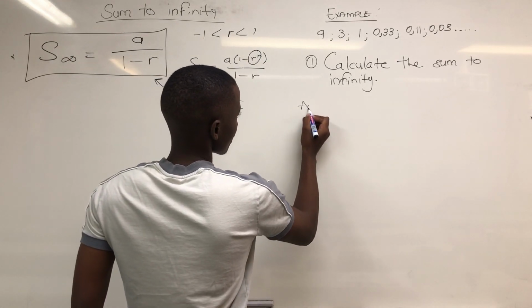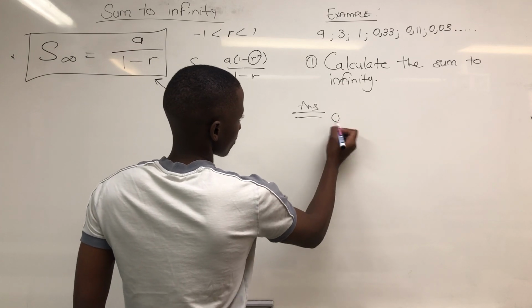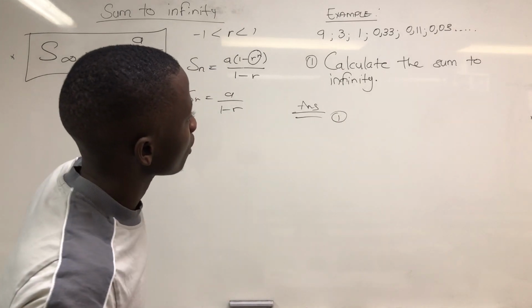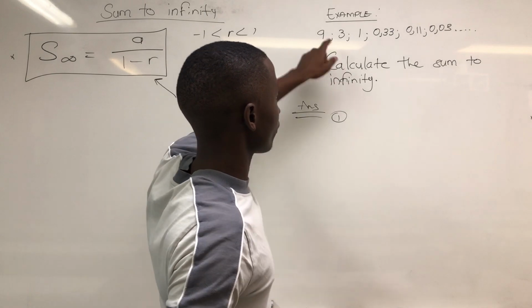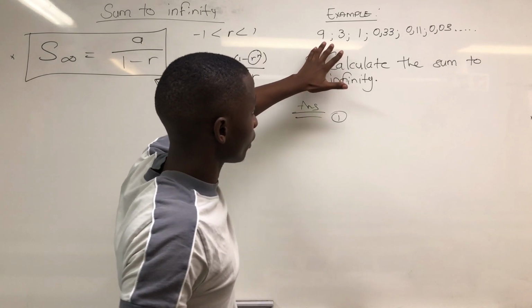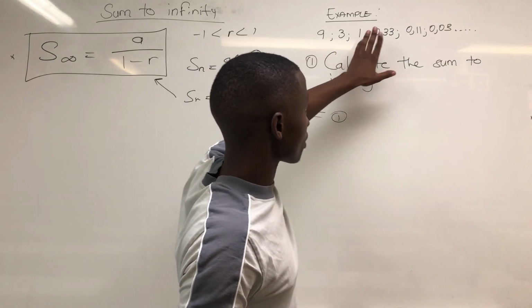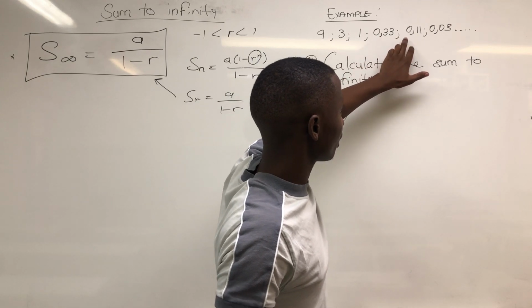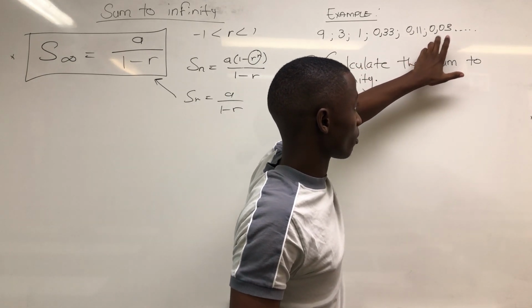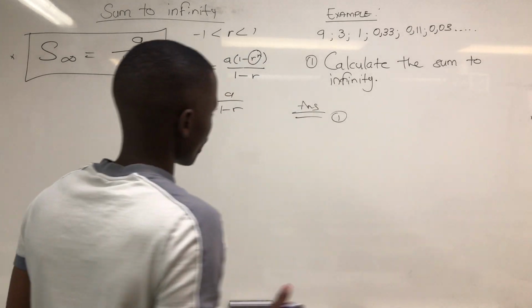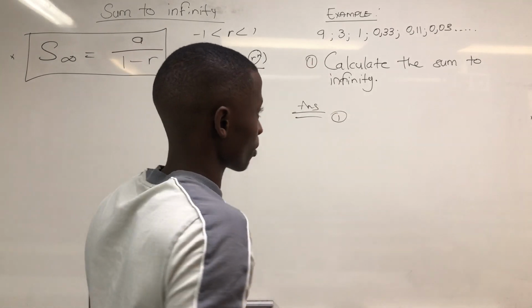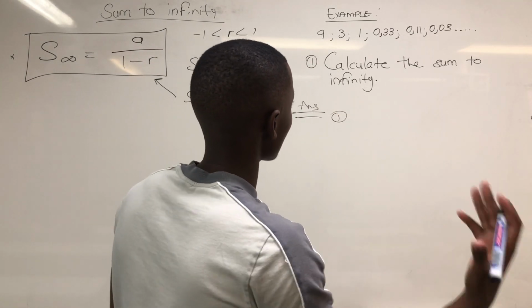Number 1 says calculate the sum to infinity. We have been given a sequence there: 9, 3, 1, and so on. You can clearly see that it's a convergent sequence because at some point we're going to get zeros.